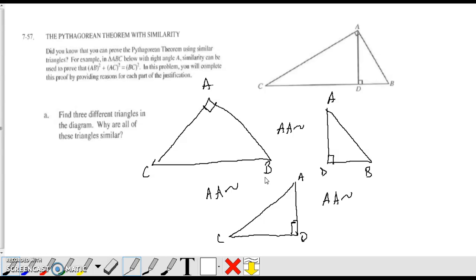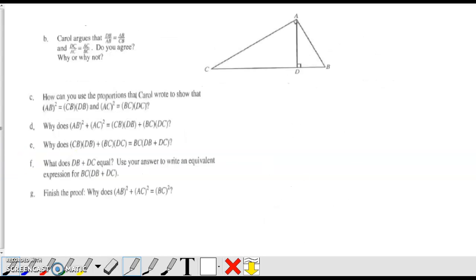How can I use this now? Carol argues this great fact: she argues that the length of DB over the length of AB is going to be equal to AB's length over CB. Okay, so again, I'm going to draw out all of the triangles and color code them.